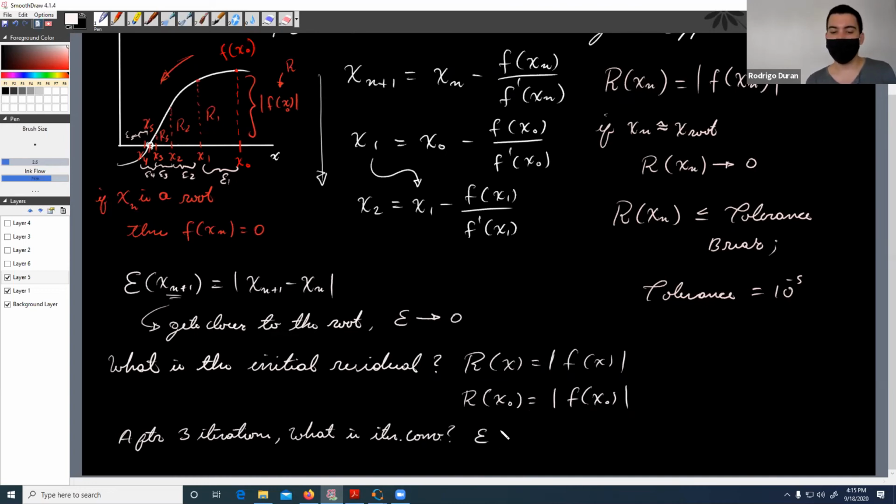I know that the epsilon at x3 is going to be equal to the absolute value of x3 minus x2. So my current approximation of the root minus the previous approximation of the root. So if they ask you for the iterative convergence at your 3rd iteration, it will be the absolute value of the difference between your approximation at the 3rd iteration minus the approximation at the 2nd iteration.